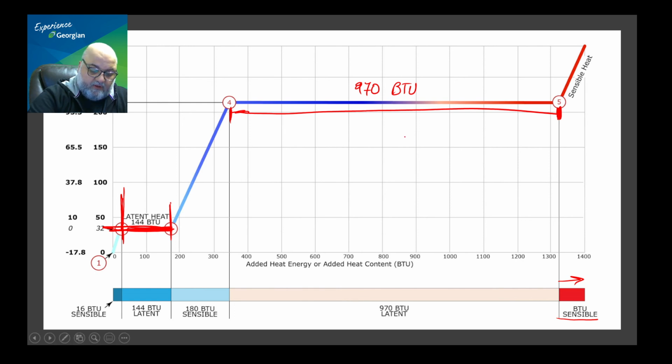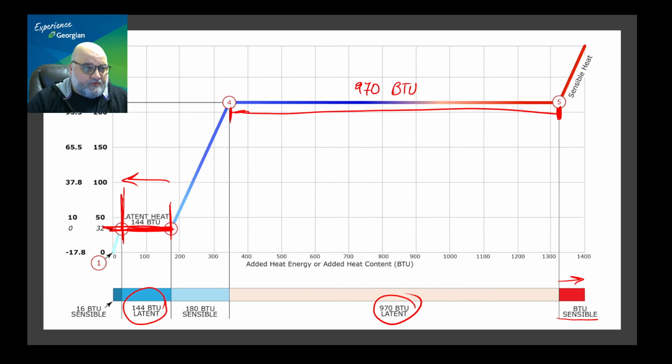And when you are freezing, you're taking away 144 BTUs. Those two numbers, those 144 per pound and 970 per pound, are not going to change. Those are constant numbers. They are per pound of H2O.